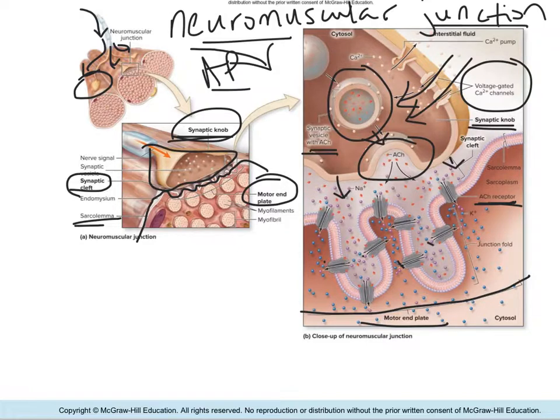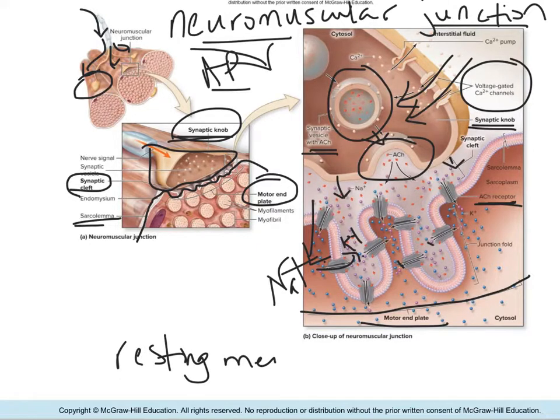The acetylcholine binds to it and will open the channels that allow sodium to rush into the cell. So sodium rushes in, and at the same time it also allows potassium to leave the cell. And the motor end plate has a resting membrane potential.